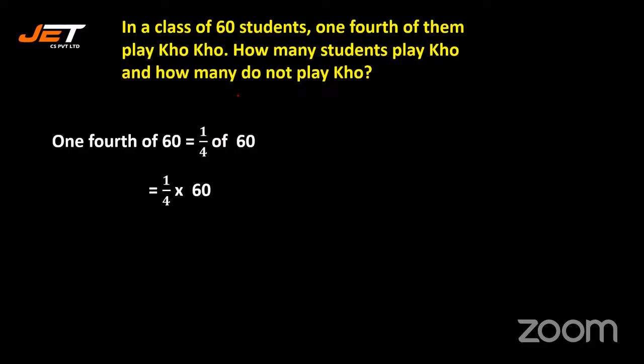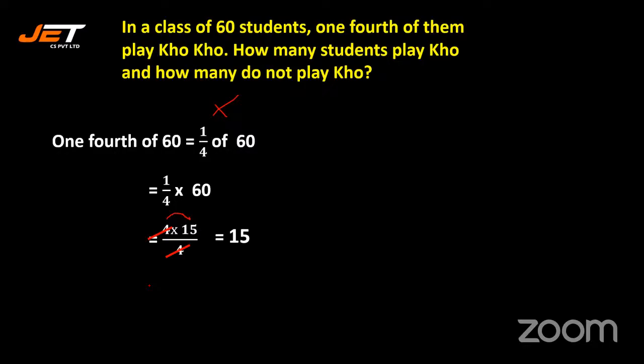Of means times, multiply, right? So 1/4 times 60. But here, 60 is written as 4 times 15, because that's how we can cancel. This is how we simplify. So 4 and 4 will be cancelled, and 15 is the answer. That means 15 students play Kho-Kho.